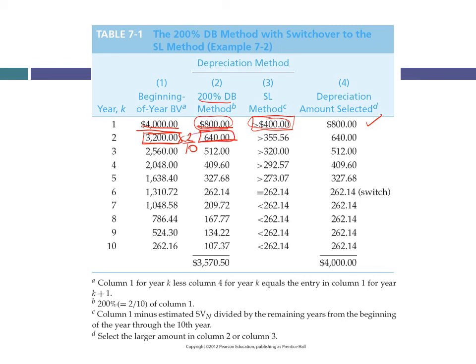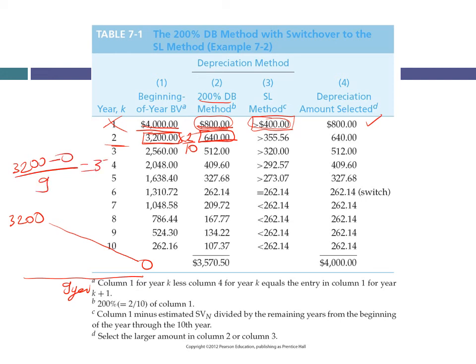But for straight line, what we are doing now is this: at the beginning of year 2, we have 3200, and we will reach 0 at the end of the remaining 9 years. One year has already passed, so there are 9 years remaining. So we calculate the straight line method starting from this value again, subtract the 0 salvage value and divide by 9, and we obtain 355.56, which is this value.